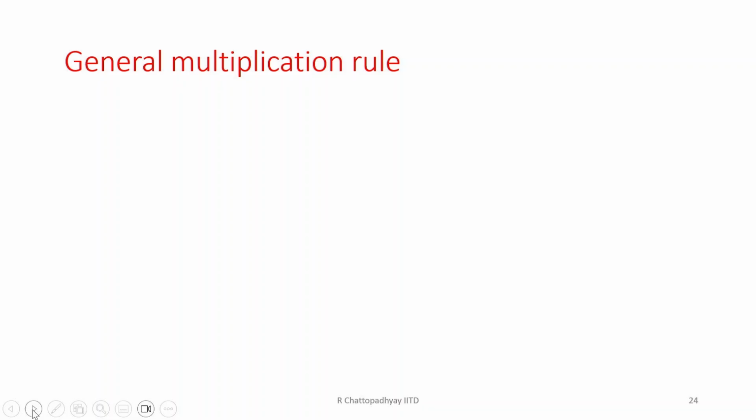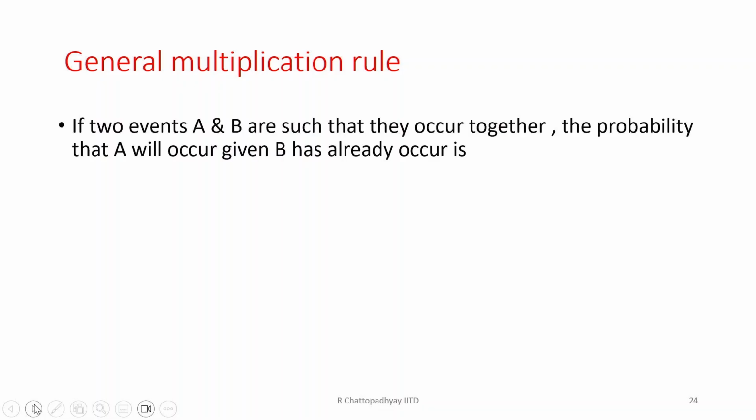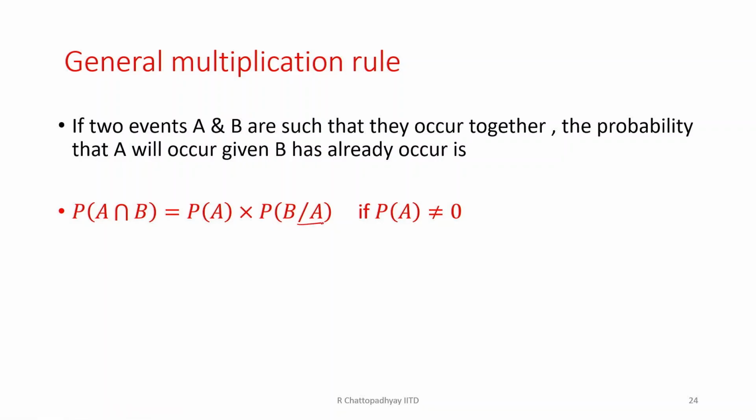So now we'll come to the general multiplication rule. If two events A and B are such that they occur together, the probability of A given B has already occurred is P(A intersection B) over P(B), and P(B given A) if P(A) is not equal to 0.